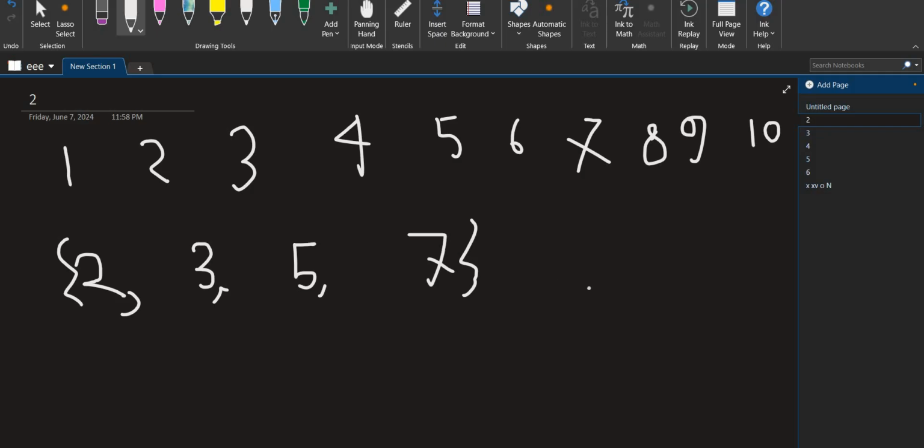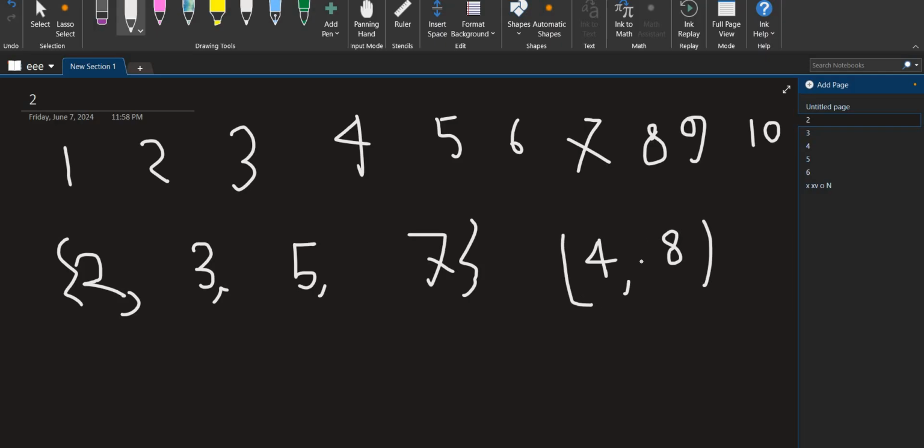Now, another observation that I want to share with you is imagine two numbers. Let's say 4 and 8.